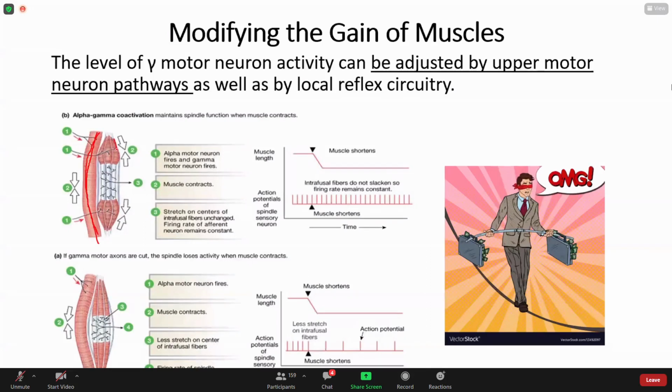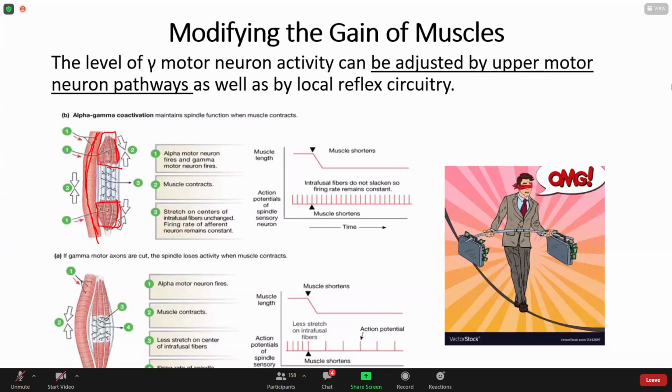And here we have the intrafusal fibers. These regions here are contractile regions of the intrafusal fibers, which are innervated by the gamma motor neurons, okay? So when the gamma motor neurons are active, basically it will contract the intrafusal fibers.